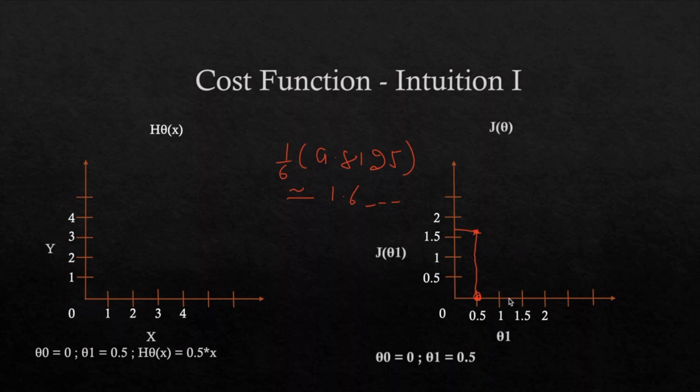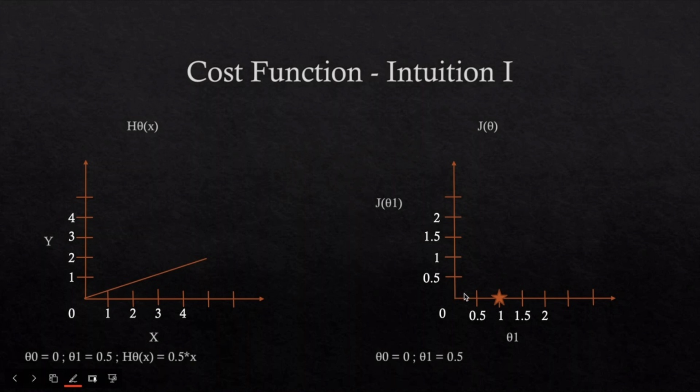So what happens if I continue to give more and more values of theta 1 and try to find a global minima? Let's move on and see in the next slide. This is the graph before.